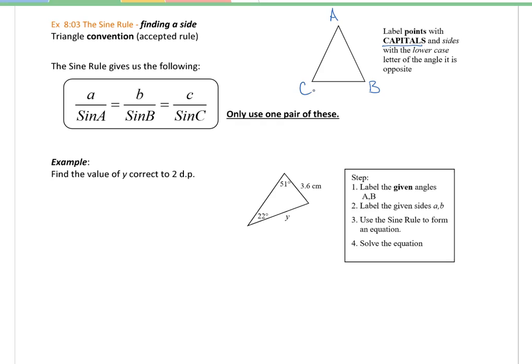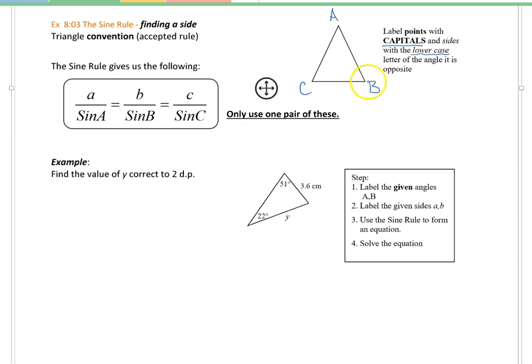Anytime you see a capital letter, it's referring to an angle. And you must also understand that the sides are named with lowercase letters. So there's a real difference between a capital A and a lowercase a, and we really have to be tuned into that. We name the side according to the angle that it's opposite.